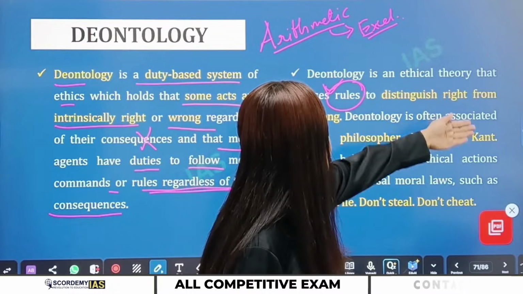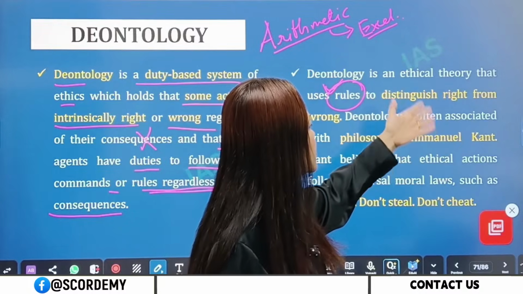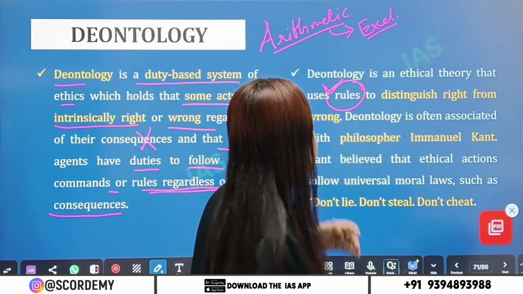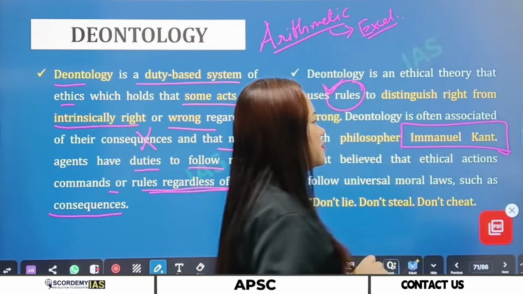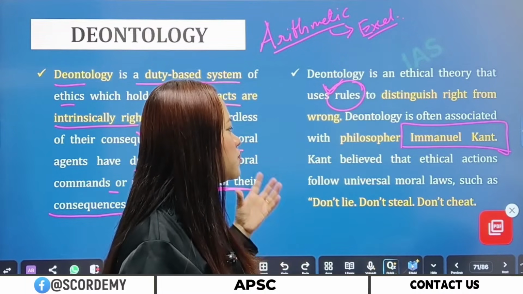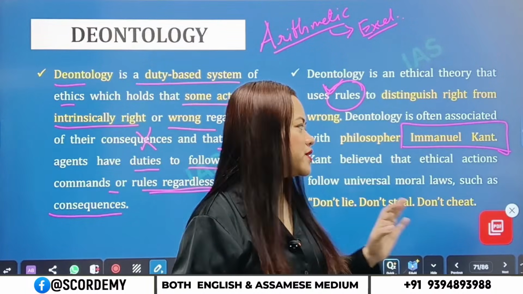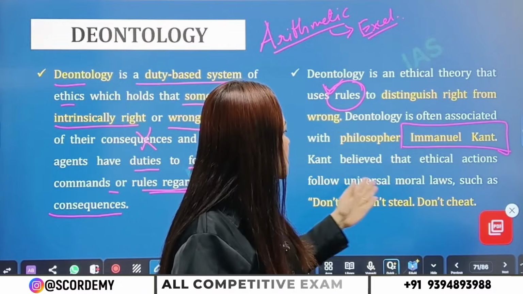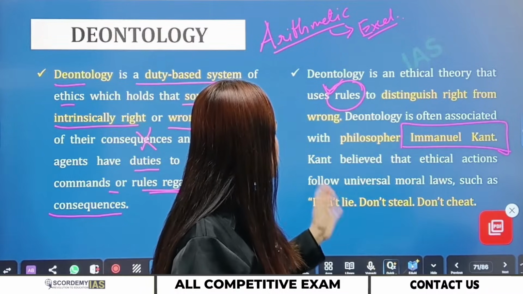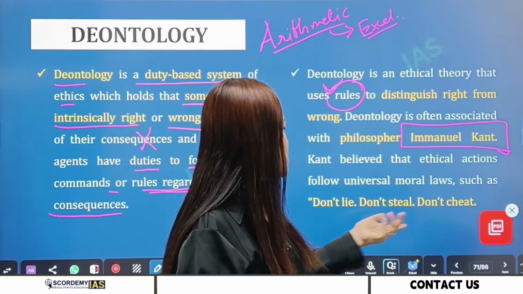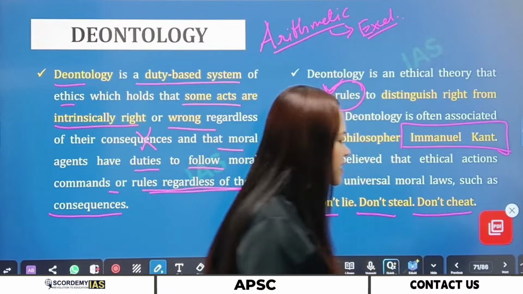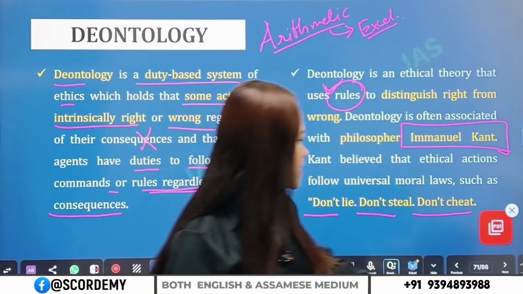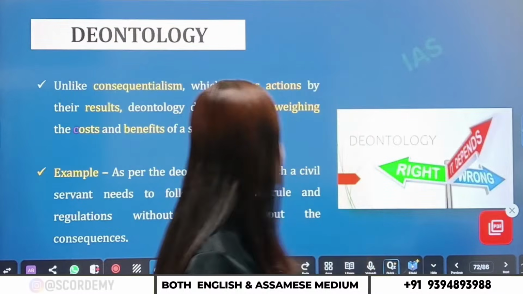To distinguish right from wrong, deontology is often associated with philosopher Immanuel Kant. He said that we have to follow the rule book no matter what happens. Kant believed that ethical actions follow universal moral laws such as don't lie, don't steal, don't cheat.